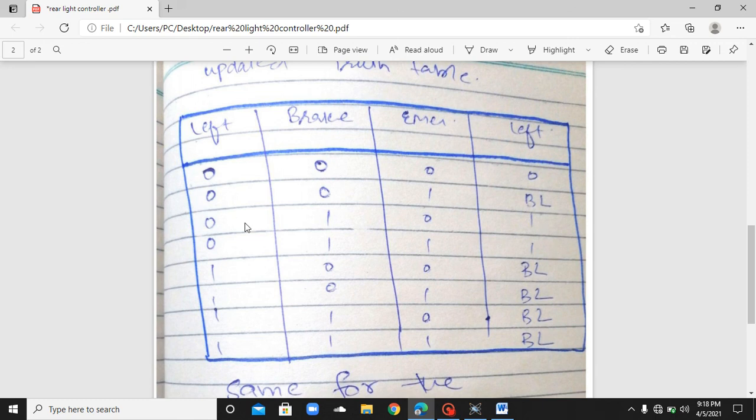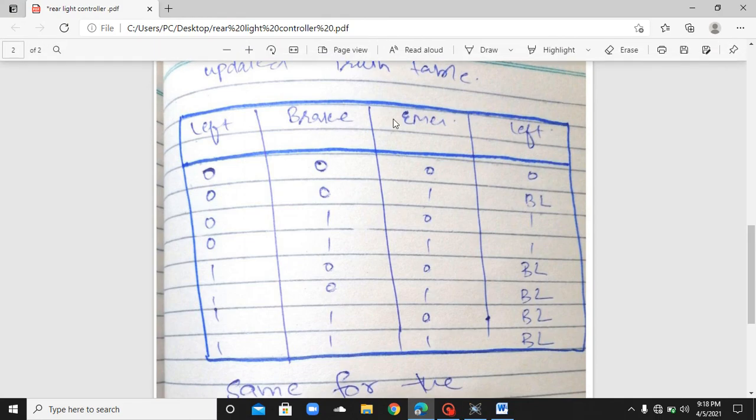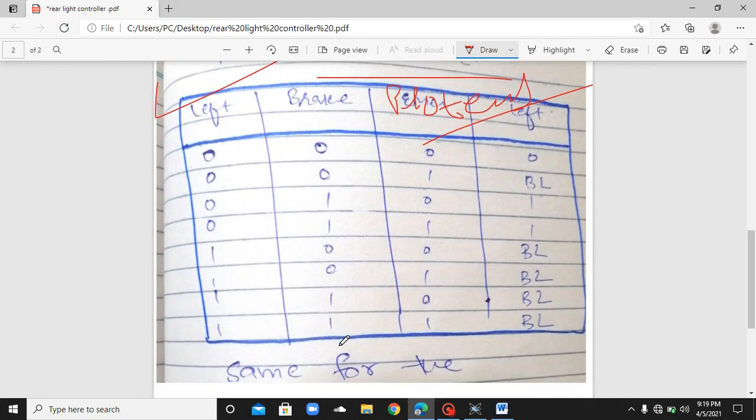So left light at 0, brake at 1, and emergency at 0. You can see how this simulation works, and by this we can verify our truth table and our circuit with the help of Proteus.